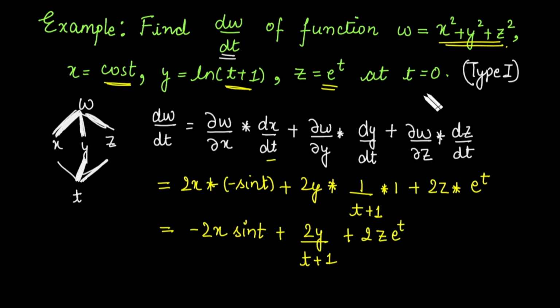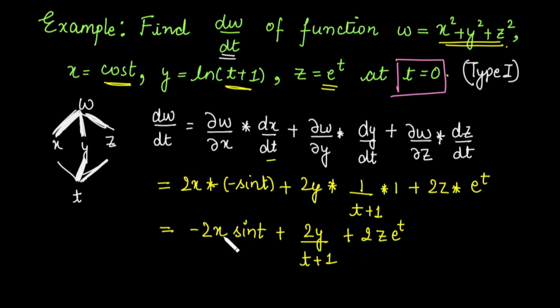The question is to find the derivative of w with respect to t at t is equal to 0. Before substituting t is equal to 0, first observe the derivative. In this case, the derivative is depending upon x, t, y as well as z.